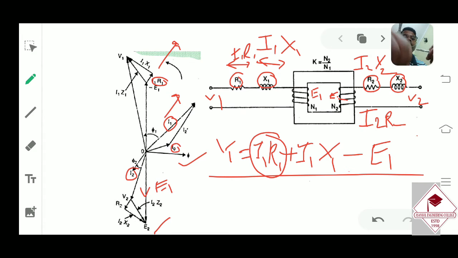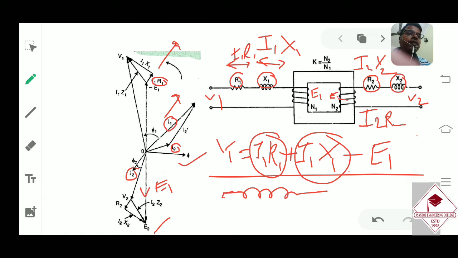Hope you are getting my point. Now to E1 we have added this I1 R1. Now we will add this I1 X1 drop. So how to draw this I1 X1? Now see, similarly in case of an inductor, the voltage across this inductance V is actually equal to I1 X1.